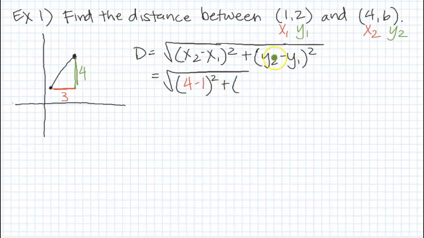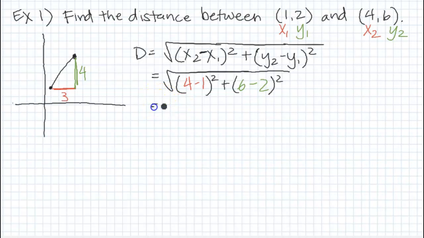And then I have 6 minus 2 for my y2 minus y1. And that is also going to be squared. So in the distance formula, we have subtraction within the parentheses and then addition to connect.